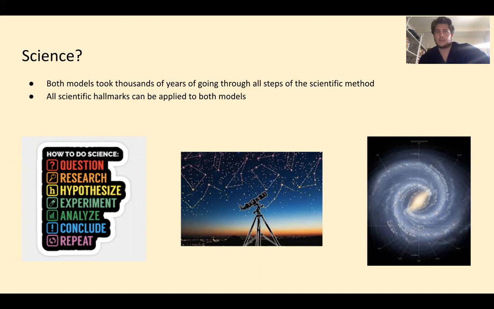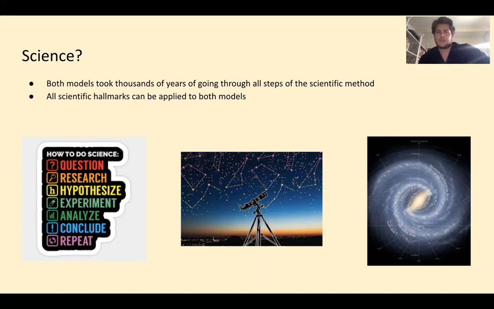That's why there was all this debate. No one actually knew what was going on. And then finally, astronomers were able to socialize and debate these models over a long time. Thousands of years they've been conjecturing what everyone thinks. So both models meet the specifications of the hallmarks.